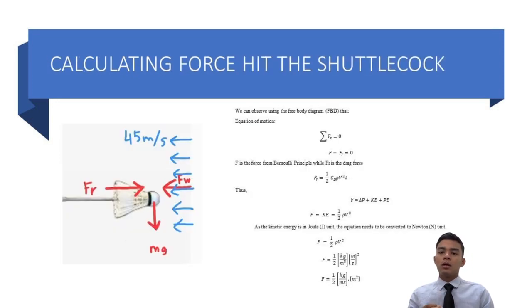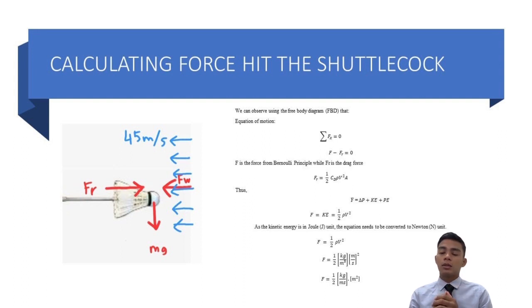freely. For calculating the forces that hit the shuttlecock, first we need to draw the free body diagram of the shuttlecock, and then we notice that along the x-axis there are only two forces, which are wind force and drag force.